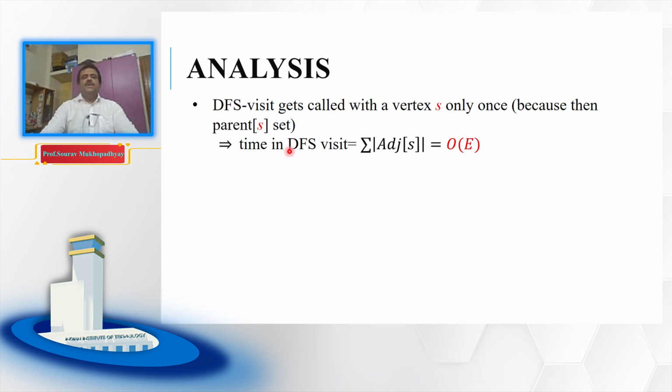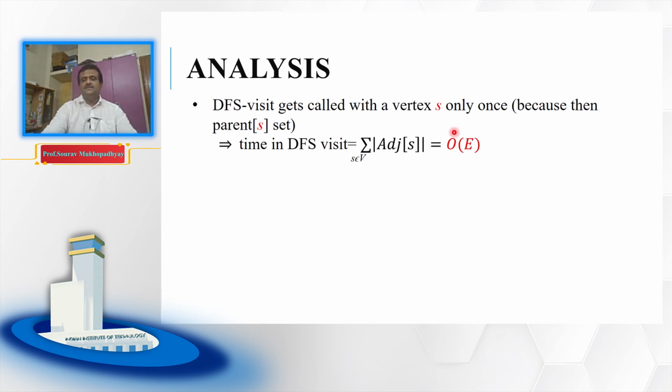Okay. Now, DFS visit from source, from any vertex, will take how much time? It will take the summation of the adjacency list of S. We know this sum is coming from the handshaking lemma. This is 2E, where E is the cardinality of the edge set, if it is an undirected graph, or it is E if it is a directed graph.